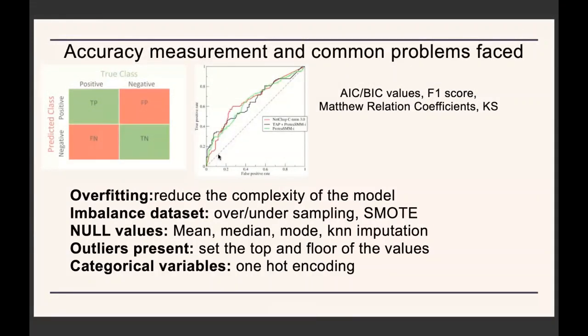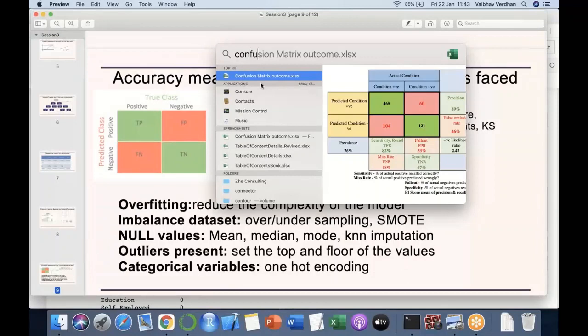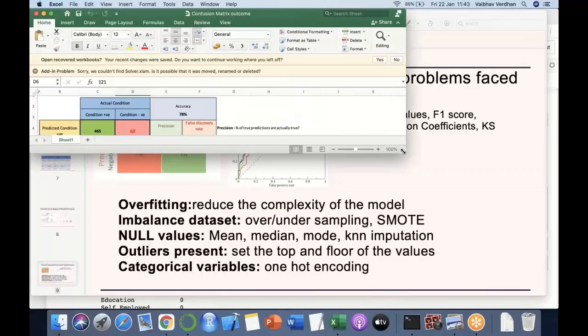Now comes the important part. How will you measure the accuracy of a solution? So let me open this one. This thing which I'm sharing on the screen is the confusion matrix. Look here, please.